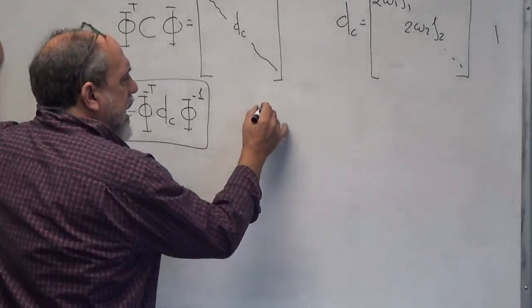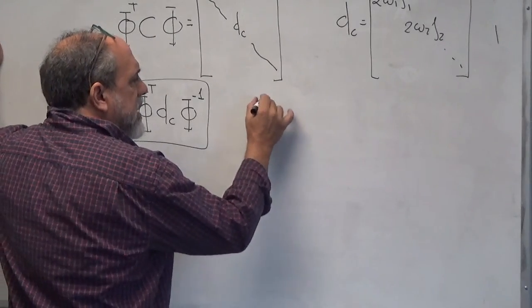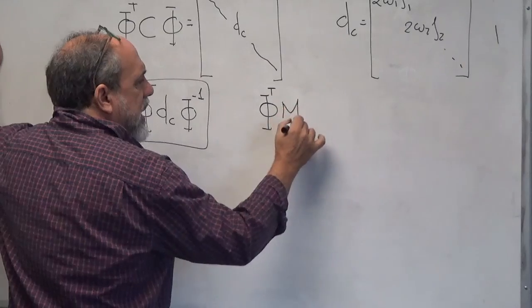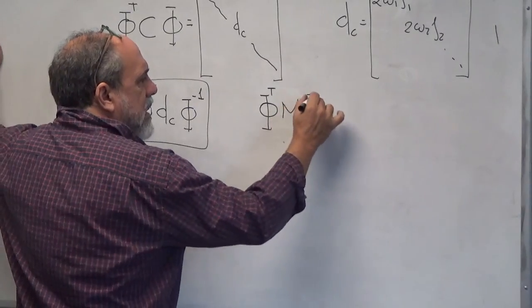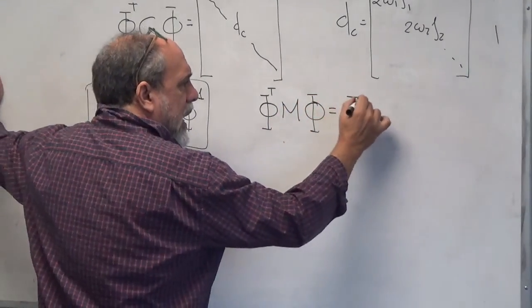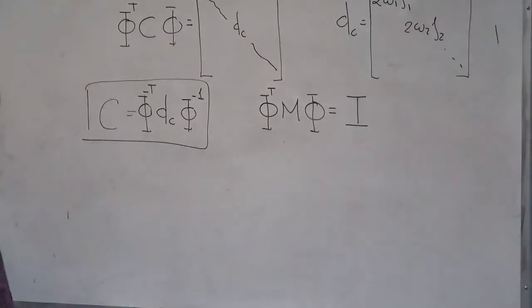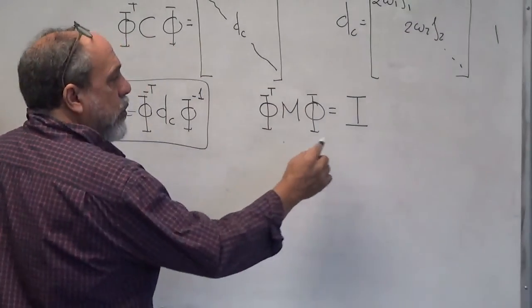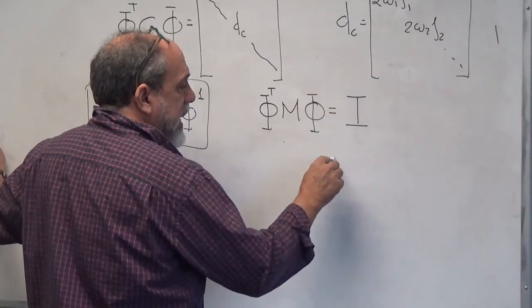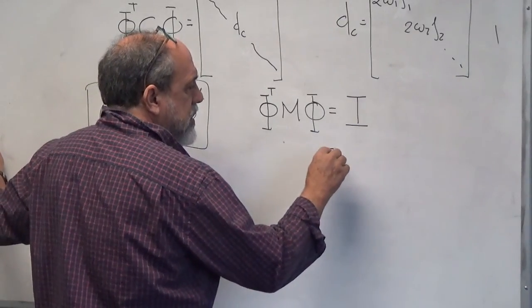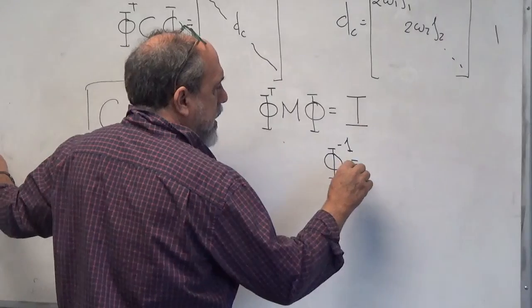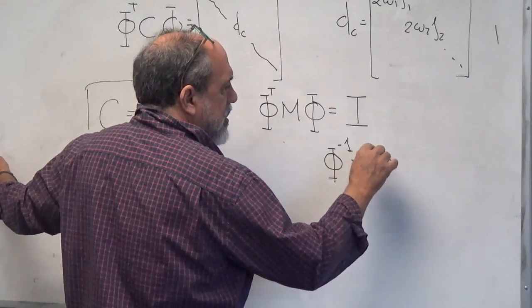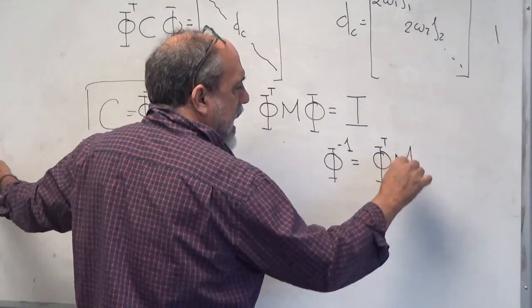So we do that again by taking advantage of phi transpose and phi. Since the modes are mass normalized, we've decided to do that for convenience, is the identity. So from here we've already developed the formula and have used it now several times, that phi to the minus 1 is phi transpose m.